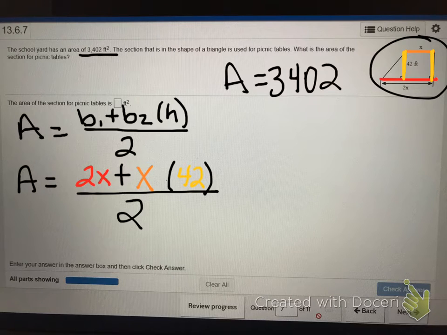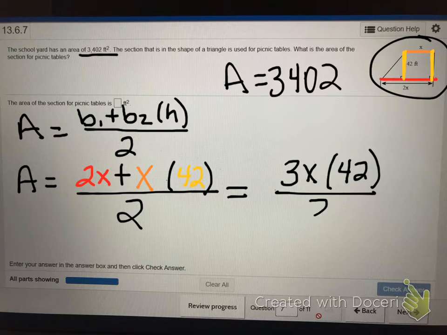So let's go ahead and simplify this equation that we have right here. The first thing I'm going to do is combine like terms. I've got a 2x plus x, so I'm going to add those together, and that will give me 3x. We can't do anything with 42 yet because it's not a like term, but it's over 2.